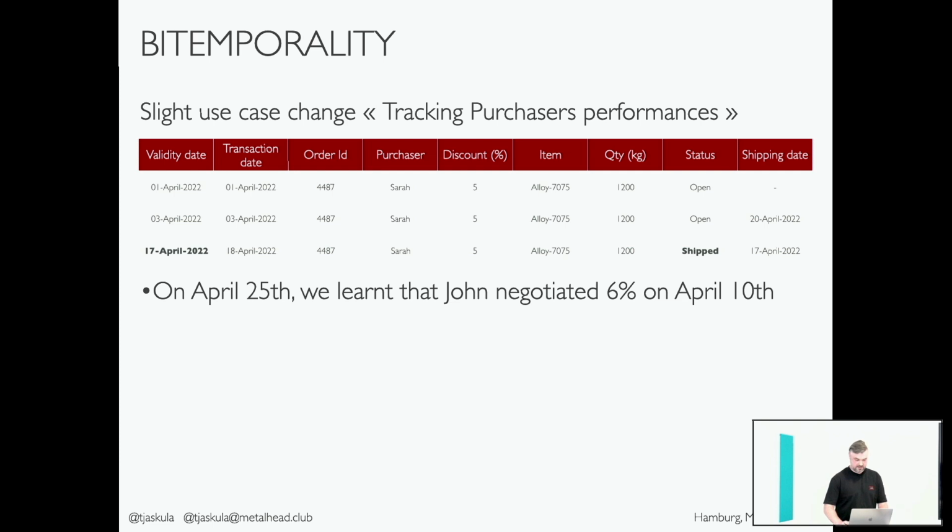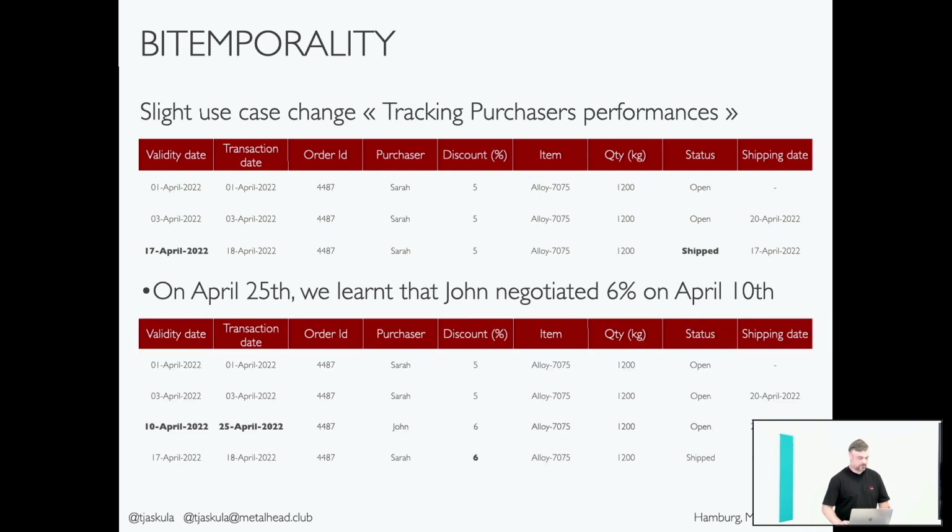This is the implication of bi-temporality. For example, you have this special row highlighted in gray, which has two time axes. The first one, transaction date, because on April 25th, we learned something. We just recorded this information to our systems, and we know that it should have been true on 10th April.